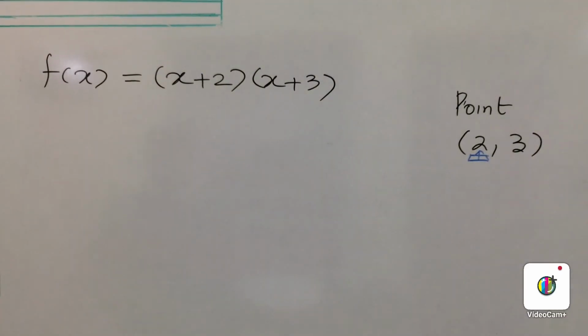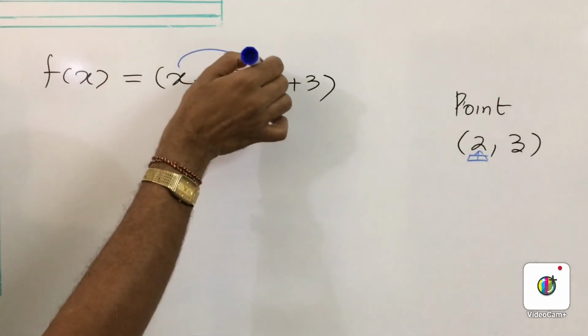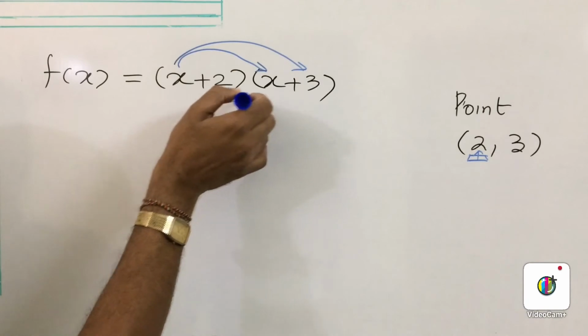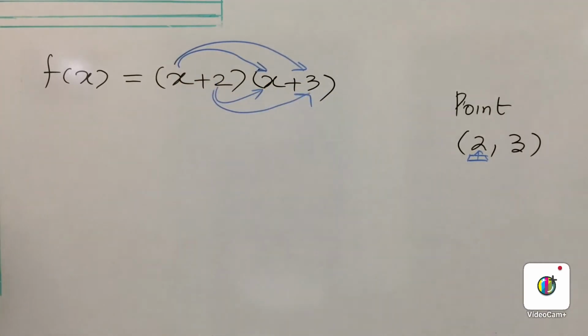First you should expand and simplify this function. Here you should take the x and multiply it to here and here, and take the 2 and multiply it to here and here.